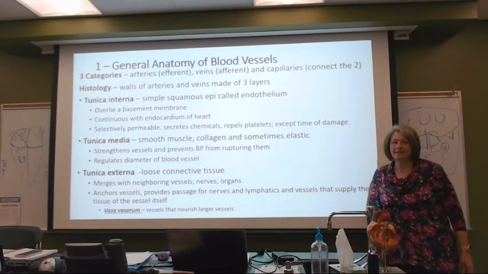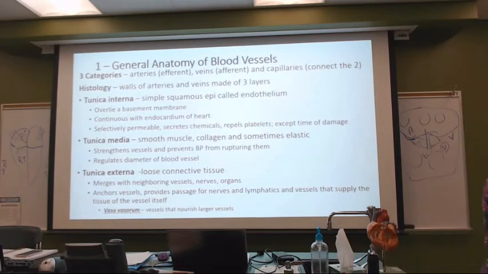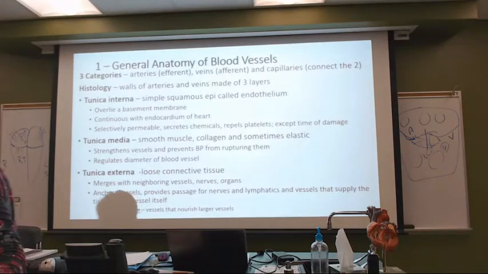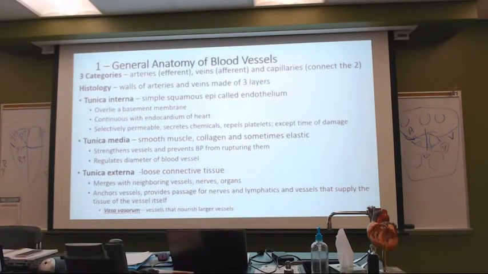And then, get this. You guys remember how when we talked about the heart, we had our coronary circulation, meaning that even though the heart was moving the blood, it's still tissue that needed a blood supply. Well, guess what? Even though vessels are moving the blood, they still need a blood supply.